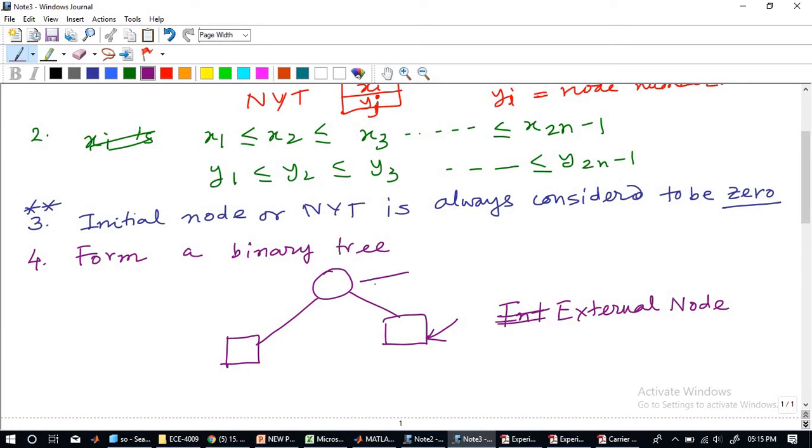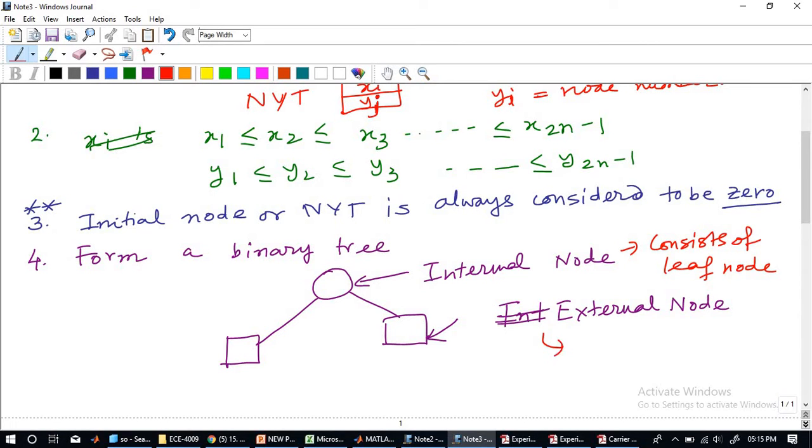And these are the internal nodes. We'll see what these components are, what an internal node is, what external nodes are. For your reference, many of you might already know it. For internal nodes, at least write that an internal node consists of leaf nodes, and external nodes are those which do not have leaves. Everything will be clear with an example.